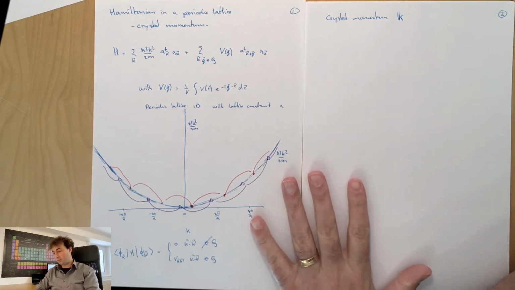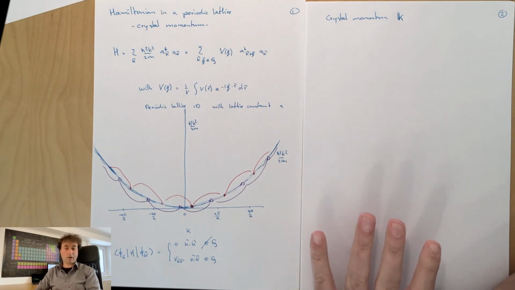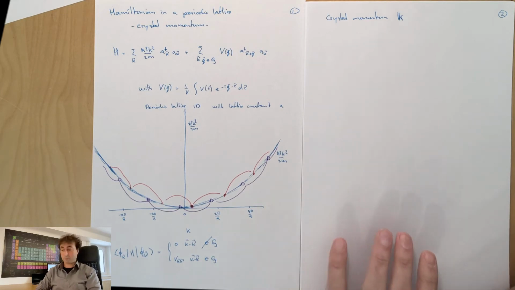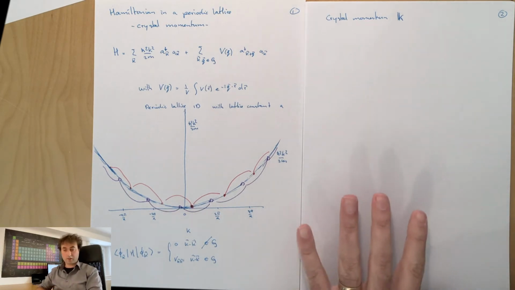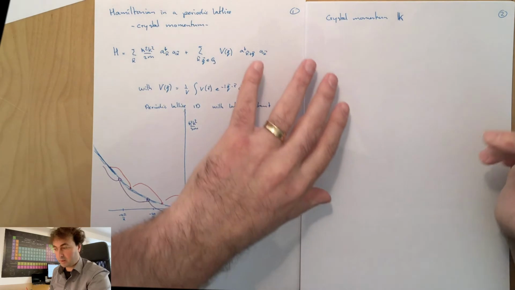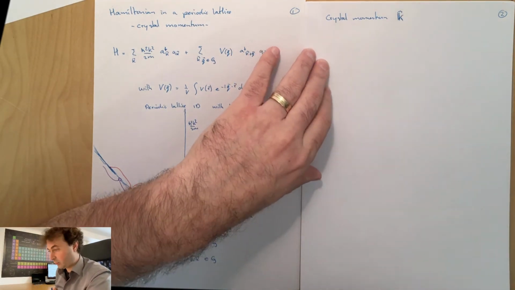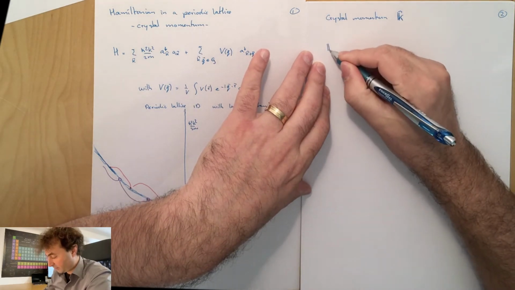We'll later see why this is the case and how equivalent crystal momentum is to the real momentum that you have. I'd like to make the distinction here, but in the end they become very similar in the way they function. Of course, they're not similar in how they are defined.